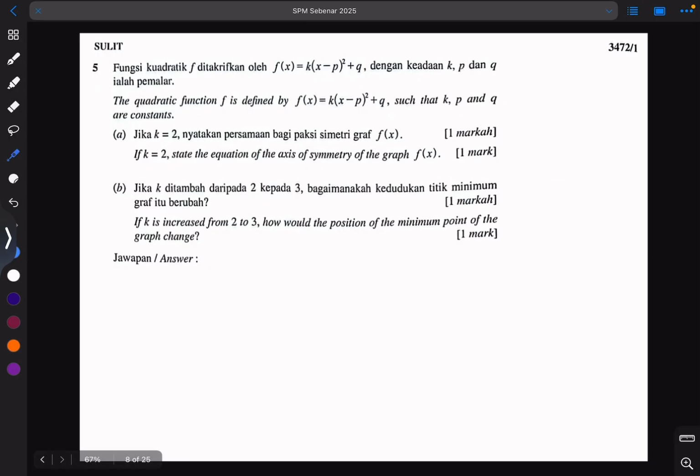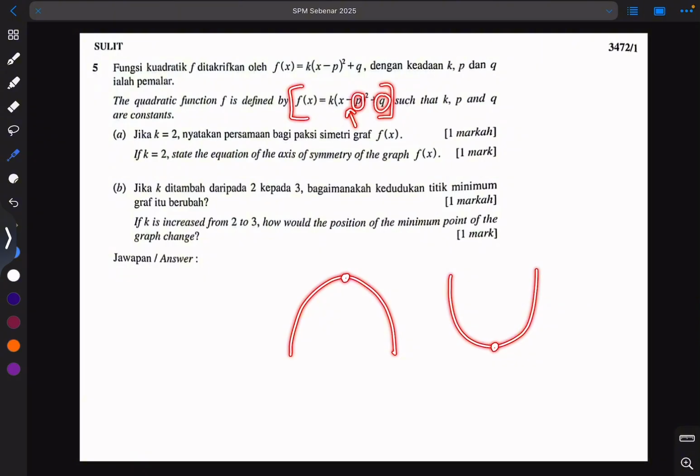Question 5. The quadratic function f is defined by this. So this is called vertex form. Vertex form means we complete the square, we will get this form where P and Q will be our vertex, the maximum or the minimum point lah.